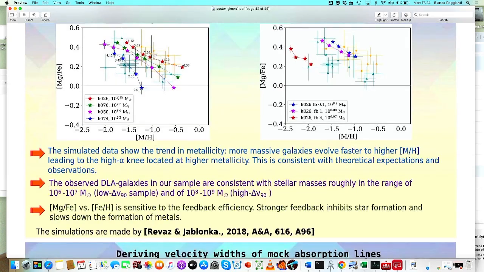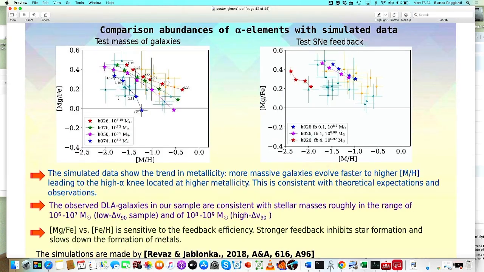And then in the current project, we analyze some properties of model galaxies simulated by Yves Revaz and Pascal Jablonka. First of all, we want to constrain masses of our galaxies.